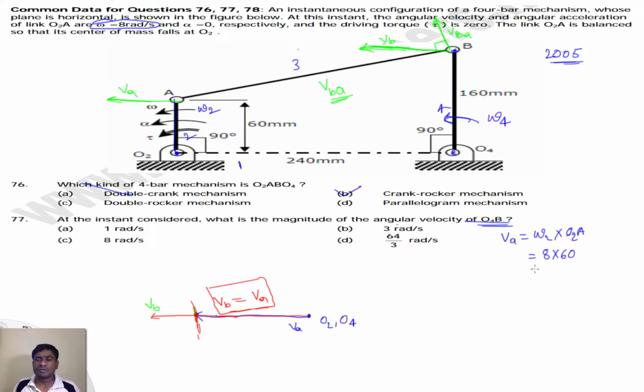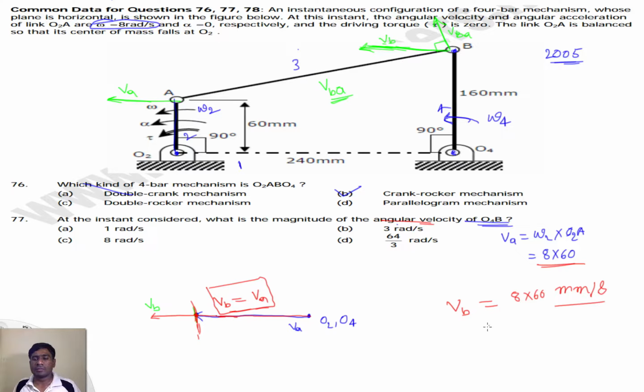So what is the velocity of VA? This is the velocity of VB. So the velocity of point B equals 8 into 60 mm per second. But what is asked here? Angular velocity omega 4.